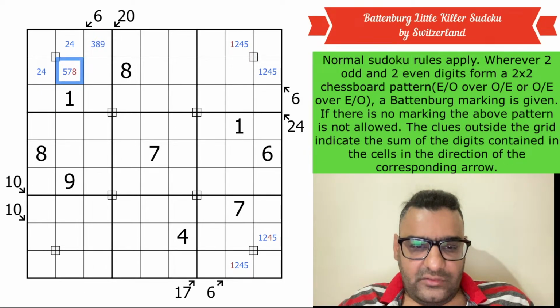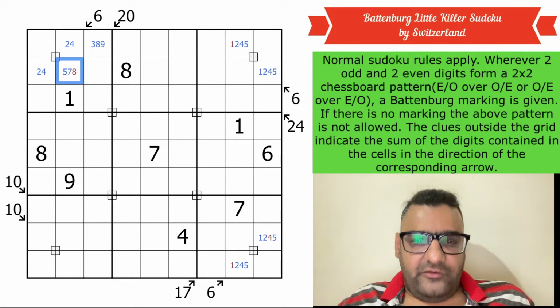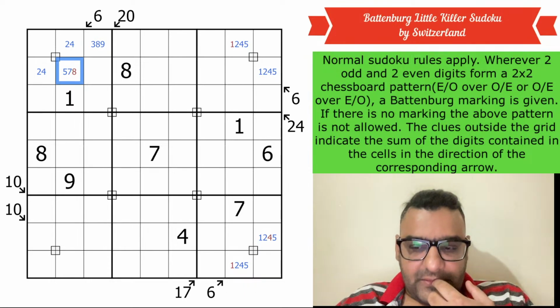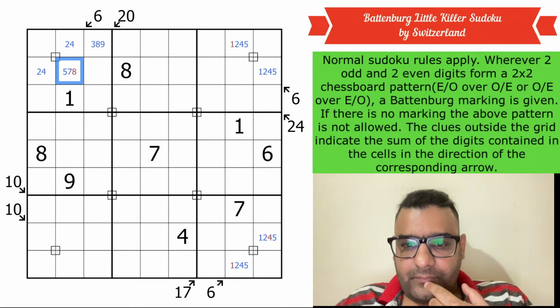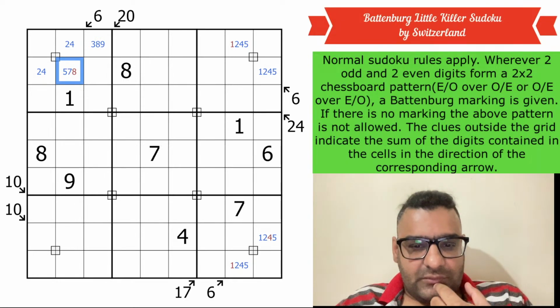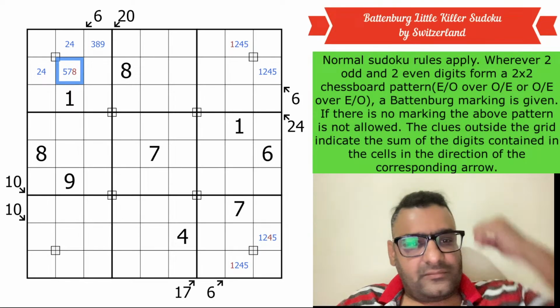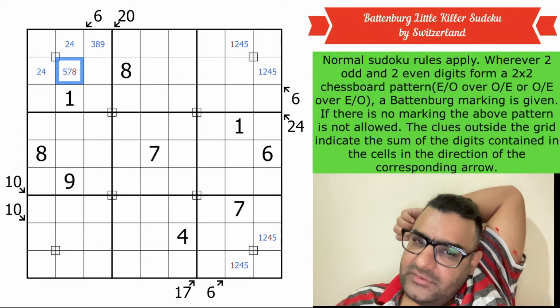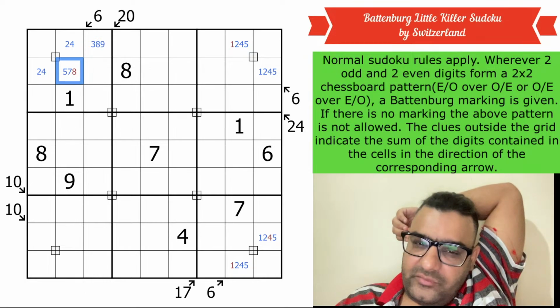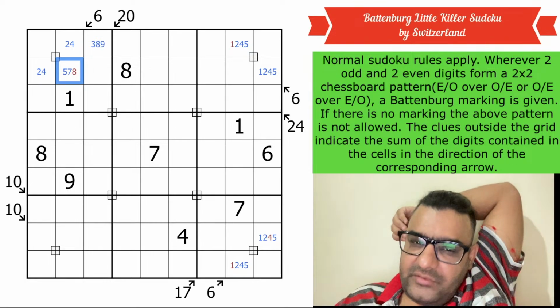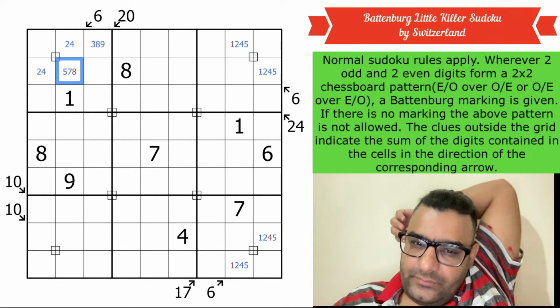8, 7, and 5. 8 and 7 are 12, 5 and 7 are 12 and 8, 20.